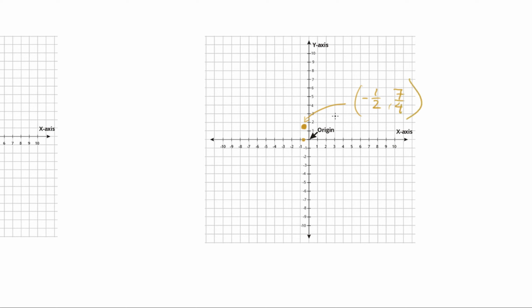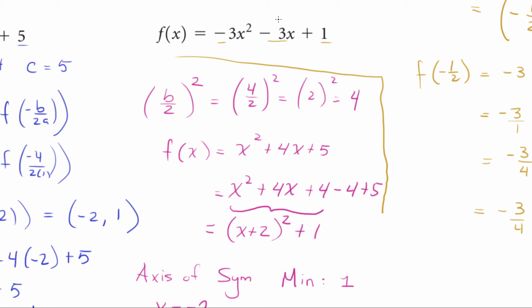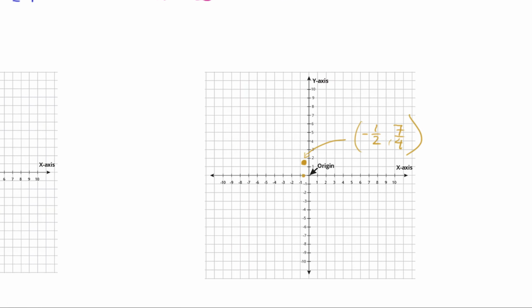Now, if we choose x equal to 0, our function f of 0 is 0 minus 0 plus 1, which is just 1. And because it's symmetrical, that means the point at x equals -1 is also 1.